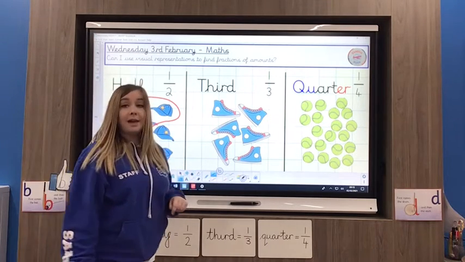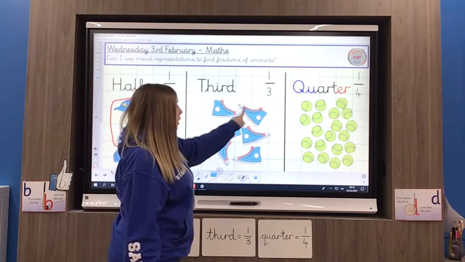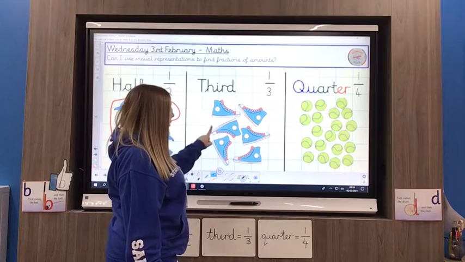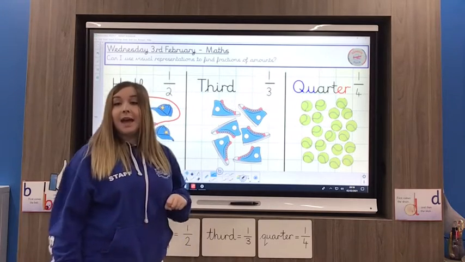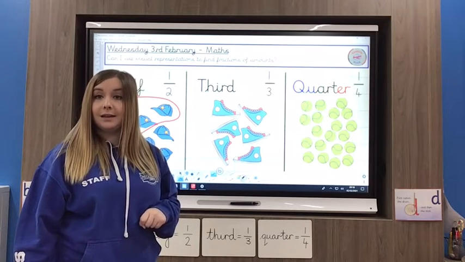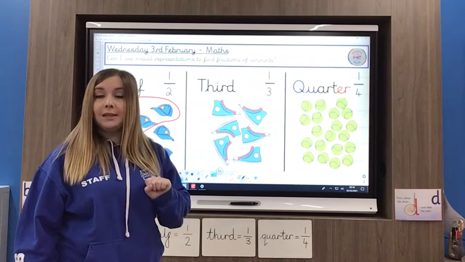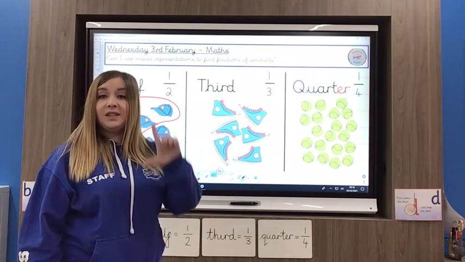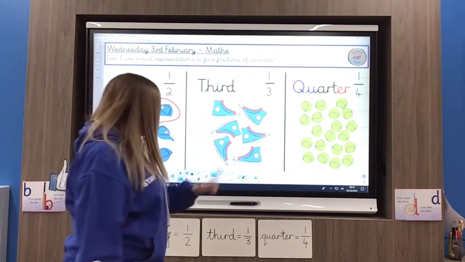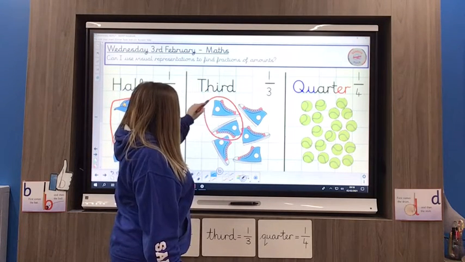So let's start by counting how many trainers we've got. 1, 2, 3, 4, 5, 6. And then let's count in our 3's until we get to 6. 3, 6. Okay, so 1/3 of 6 is 2. And I'm going to circle 2.